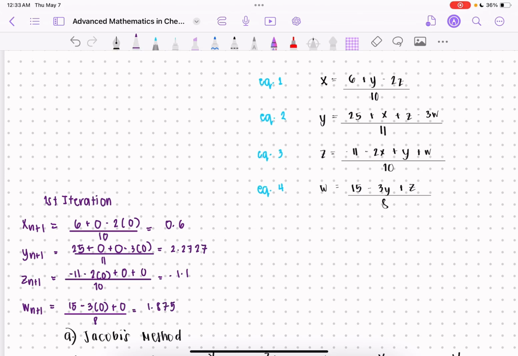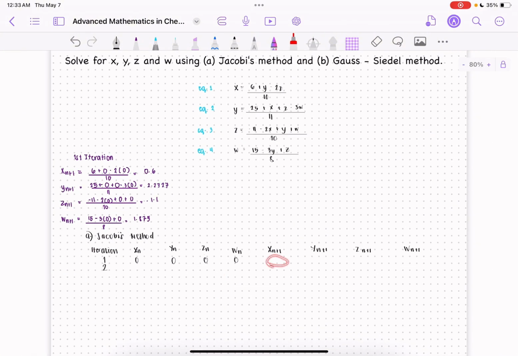1.875. Now, with the values that we solved right here, we're going to place that in our table. So that would be 0.6, 2.2727, negative 1.1, and 1.8750.